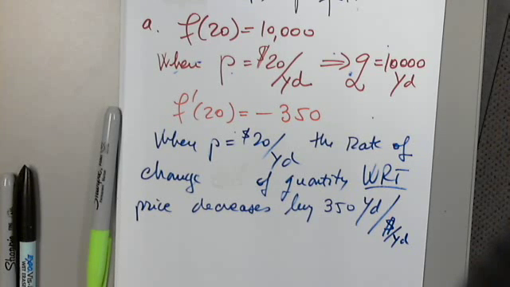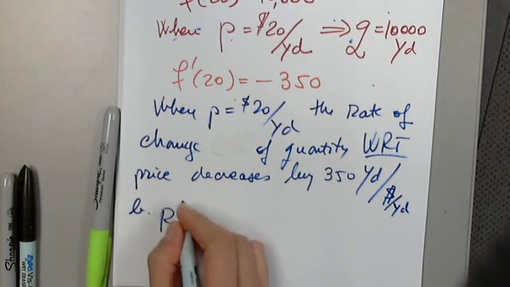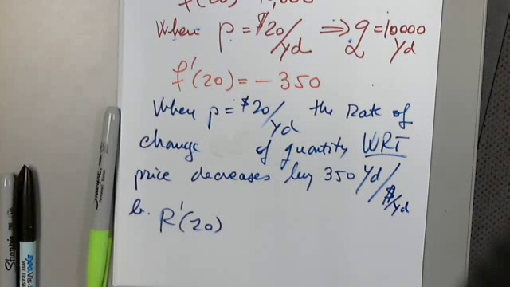Okay, part B. Assuming the values in part A, they want us to find R prime of 20 and interpret your answer. Thank you for picking this problem. So I'm asking you to find R prime of 20.